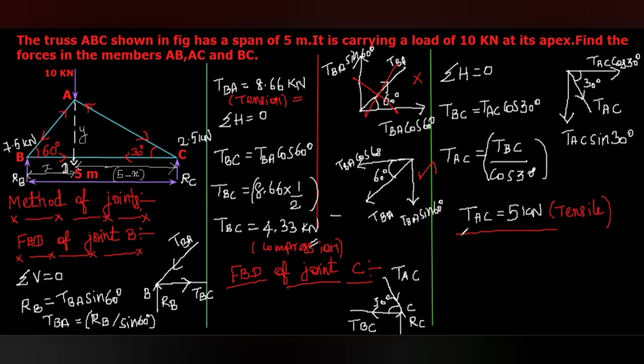So this is the force in the member AC, that is 5 kilonewton. This is the force in the member BA. Okay, and this one is the force in the member BC.